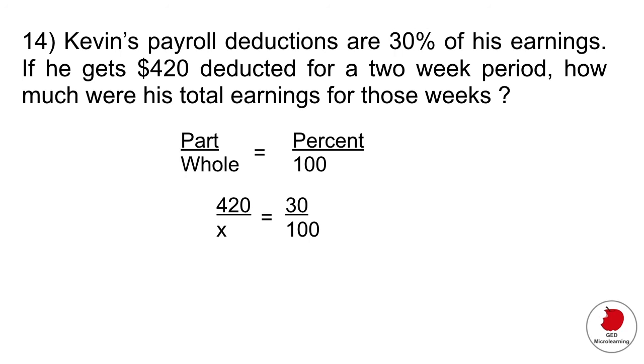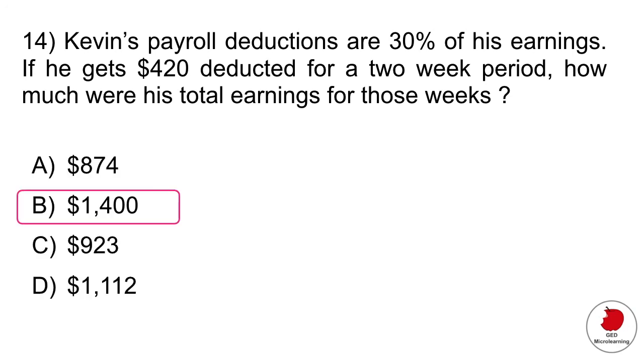Then you would plug in the 30% into the equation like that. Once again, remember you're going to multiply diagonally. So 30 times x and 100 times 420. And that's what it gives you. Then you're going to divide both sides by 30. That gives you the total amount that he earned for those weeks.